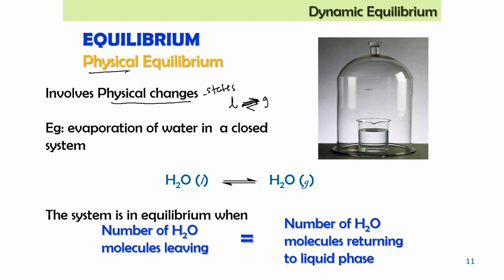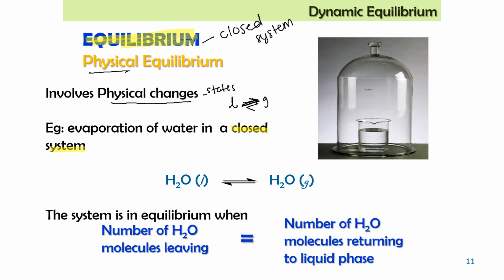For example, you have evaporation of water and it must be in a closed system. So remember, one more thing about equilibrium that you need to know: it only happens in a closed system.